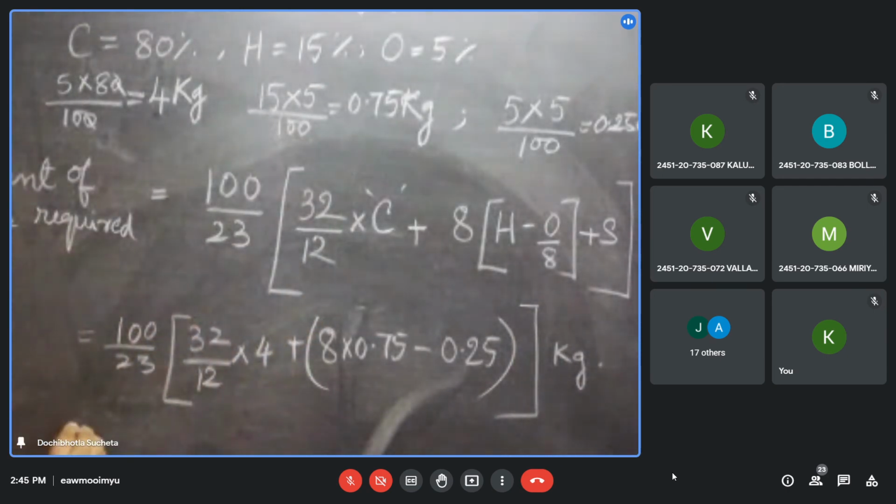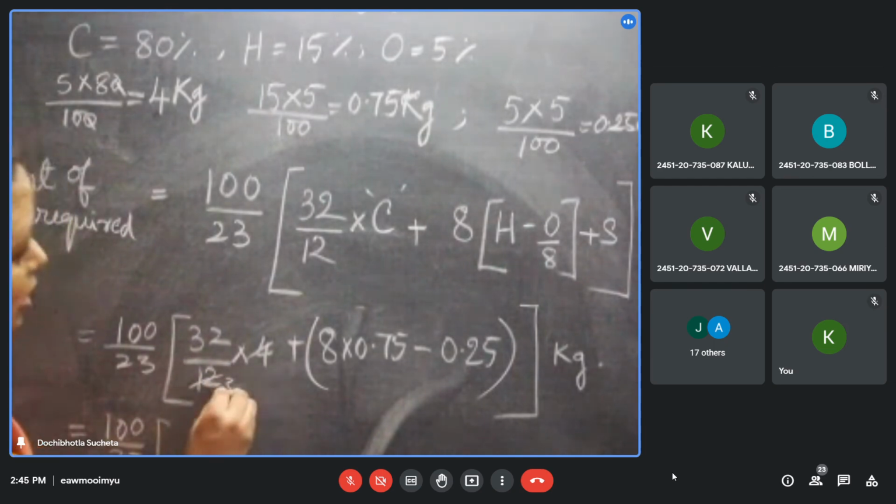So the answer comes to 100 by 23 into 1s are 4, 3s are 12.